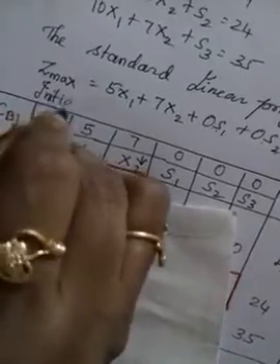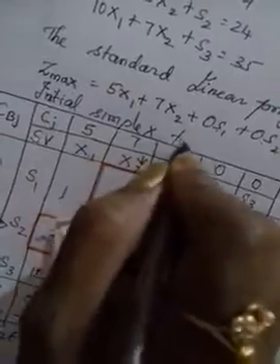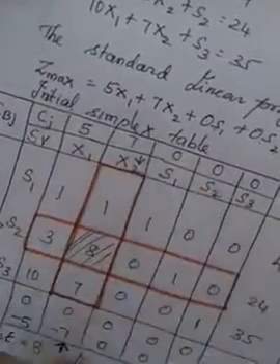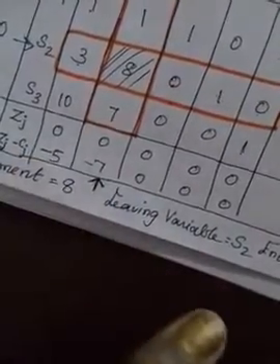In this table we found z minus c all negative and some zeros. So this is very important. Until we get positive values, we have to repeat the iteration.